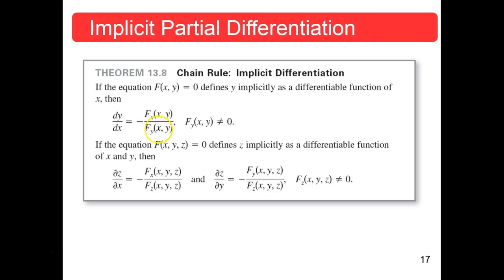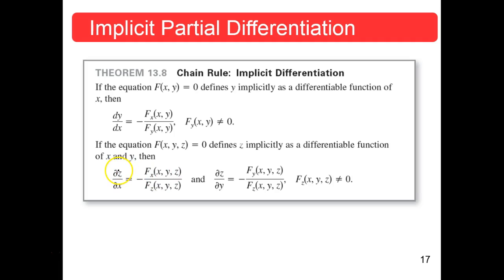So the x's are in the same place there, but then the y's are flipped over, that's partial with respect to y. And if you think of dividing by that, that would put the dy on top, or partial y on top.